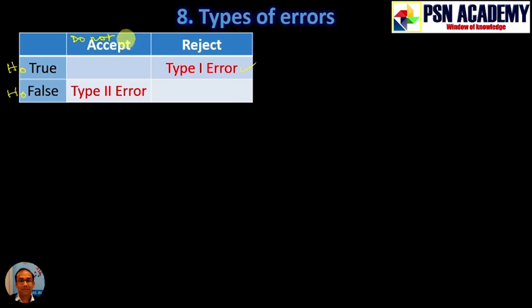You do not accept the null hypothesis. You do not reject the null hypothesis, because the null hypothesis is always assumed to be true. Okay, so if you assume it to be true, then what is the use of acceptance, right? So you do not reject the null hypothesis, but in fact, the null hypothesis is false. So it is a type 2 error.